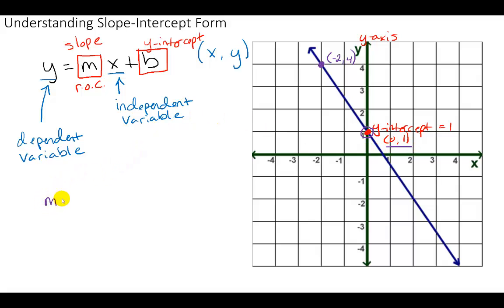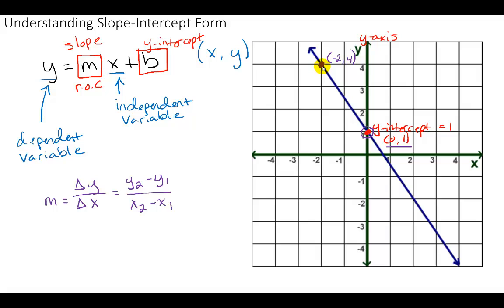So our slope is the change in y over the change in x. So that's the same as saying y2 minus y1 over x2 minus x1. We're finding the difference between these 2 points.